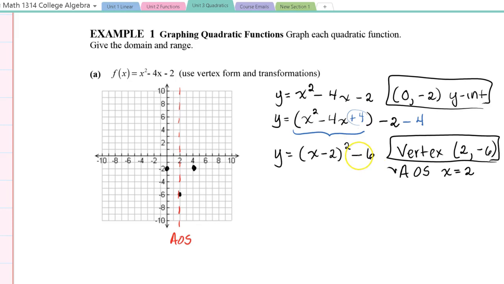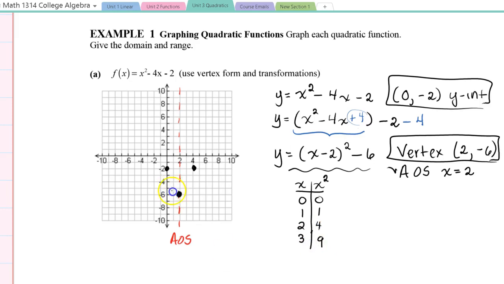Now let's use our knowledge of transformations and realize that only horizontal shifts and vertical shifts have occurred, meaning that I can still use my original values of my parent function, like (0, 0), (1, 1), (2, 4), (3, 9). So I'm going to use that from here.